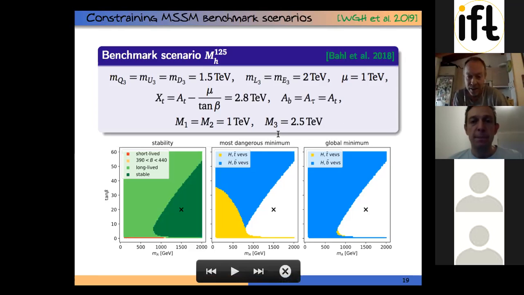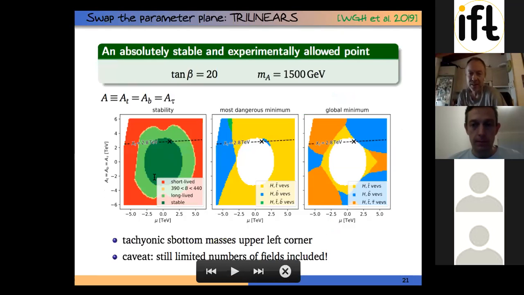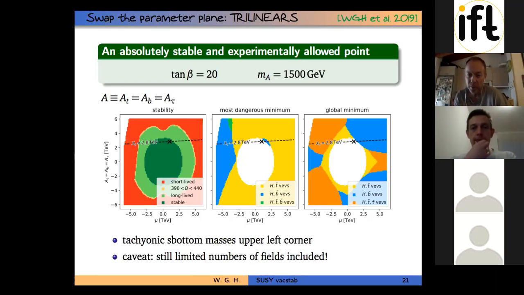And another question on, I think, page 21. I was surprised that you find the global minimum from the stau is steeper than from the bottom. You consider the third family only, I think, because the Yukawa couplings are larger and play a larger role.